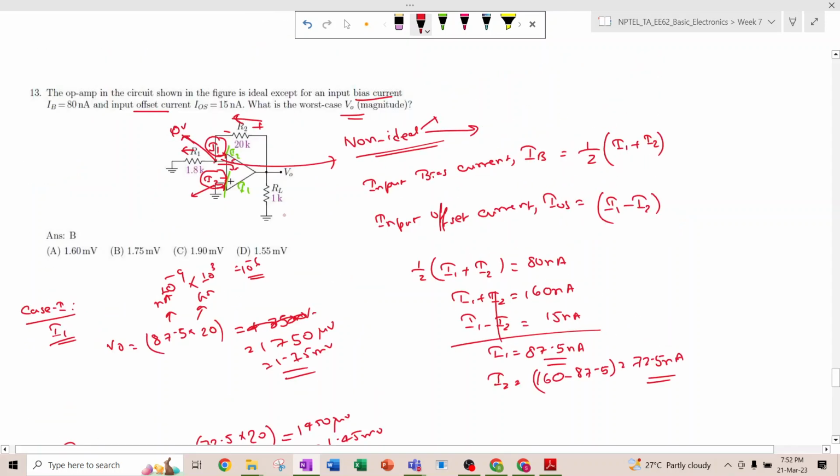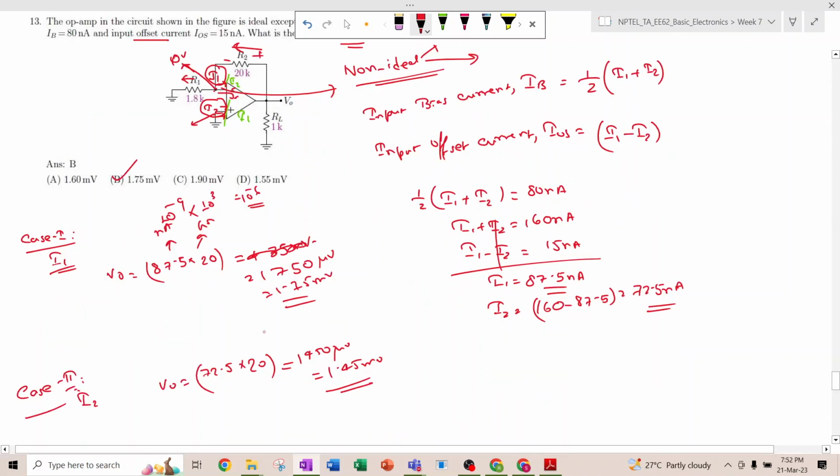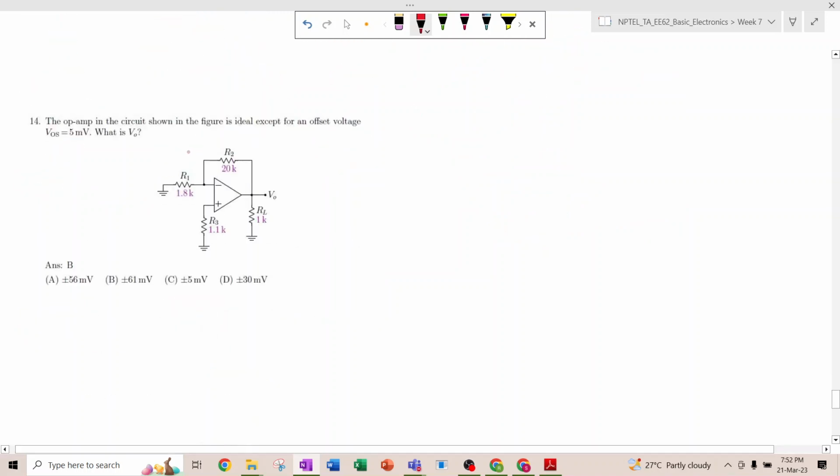Now the worst case scenario, worst case means the greatest value of V naught that can occur, so it will be 1.75 millivolt, right? Because it is greater than 1.45 millivolt. 1.45 is still tolerable, but 1.75 is much more than 1.45. So that will be the answer.